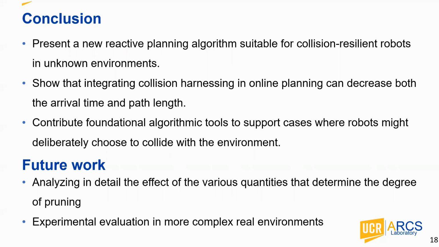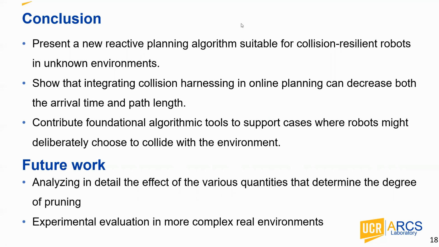In summary, we present a new reactive planning algorithm suitable for collision-resilient robots in unknown environments. The planner allows for potential collisions to be harnessed to improve robot navigation in obstacle-cluttered environments.